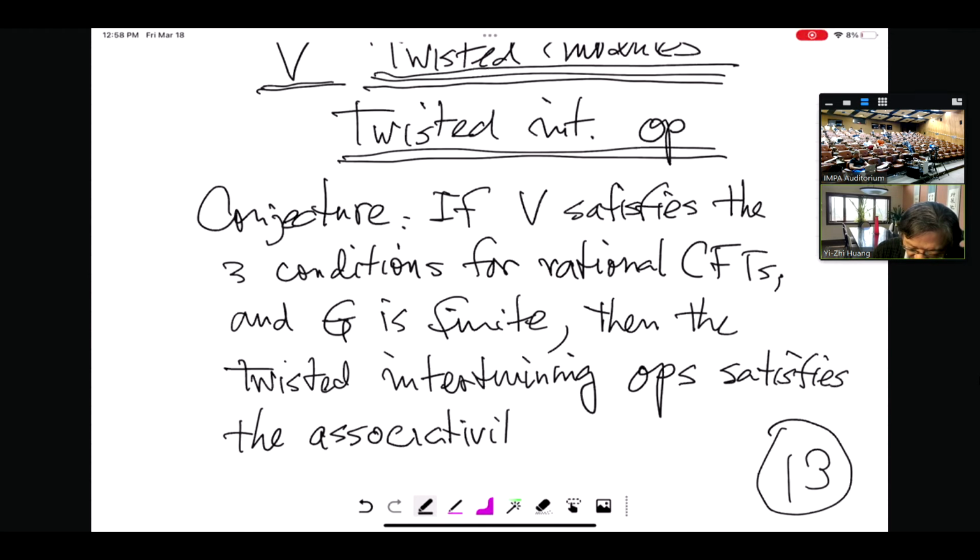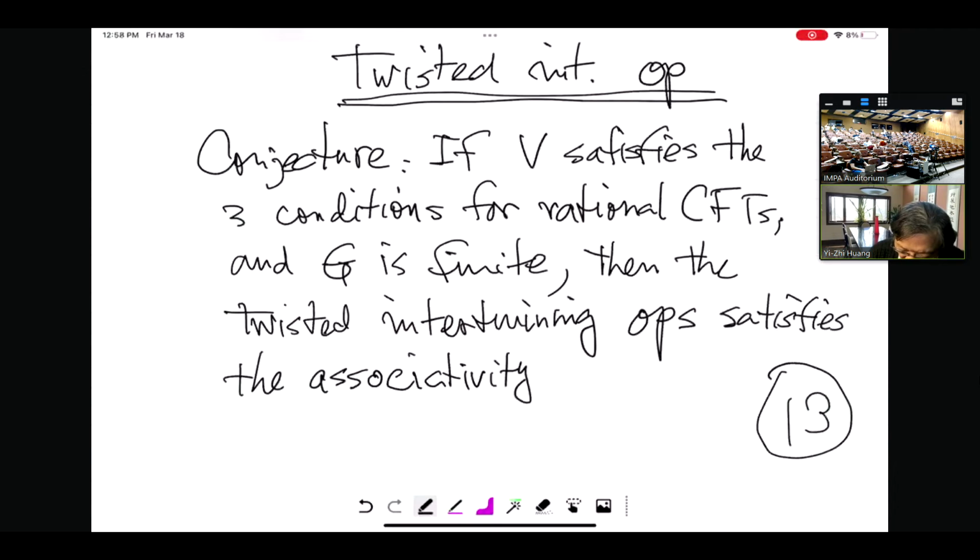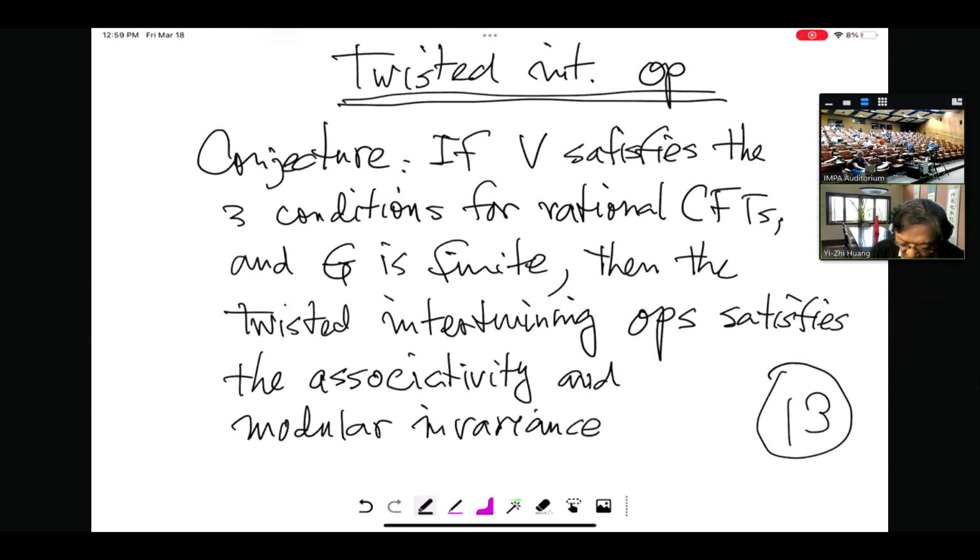The main thing I want to discuss is certainly the convergence, but when we write this, we already have the convergence as a conjecture. This is the conjecture, as I discussed for intertwining operators. We actually proved that the intertwining operators do satisfy associativity and modular invariance.